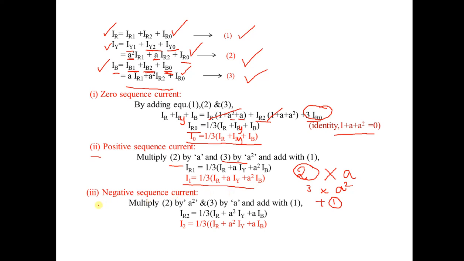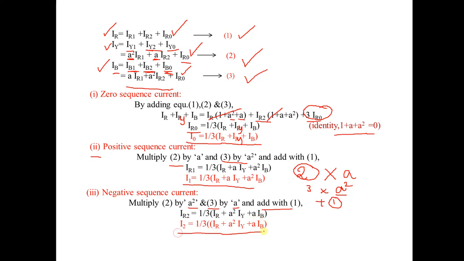For the last, the negative sequence, it is just the opposite of positive. Here we multiply the second equation by A square, the third equation by A, and keep the first equation as it is, then add all together. What is obtained is IR plus A square IY plus A IB.